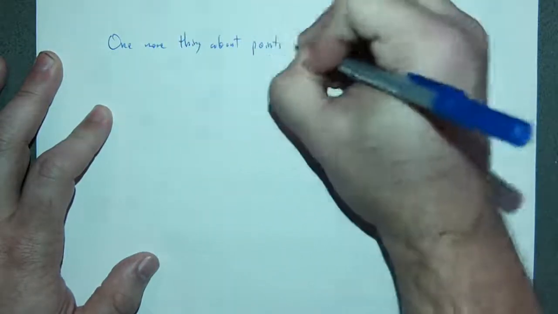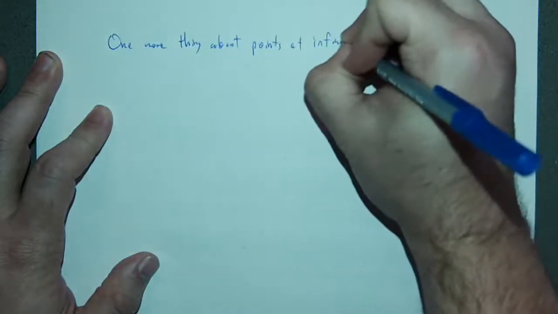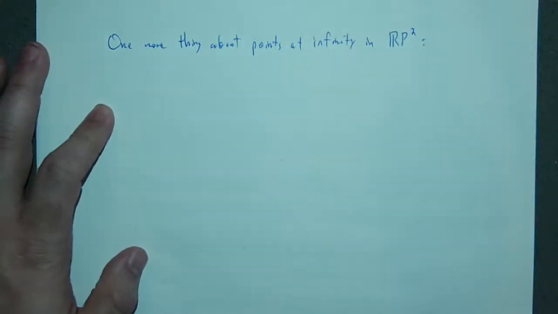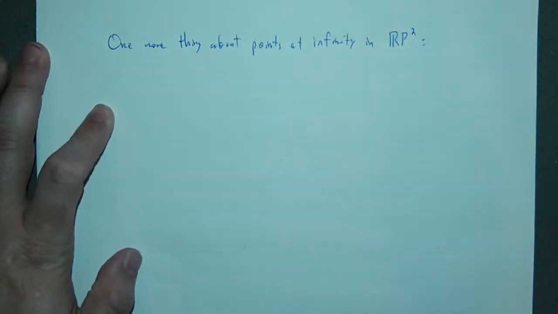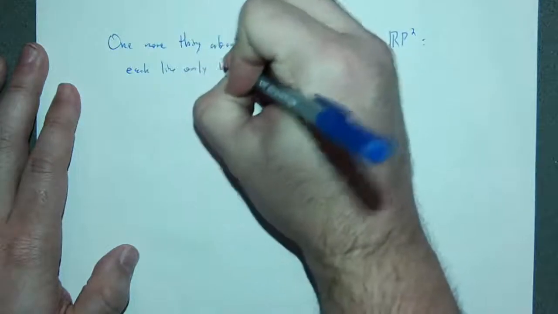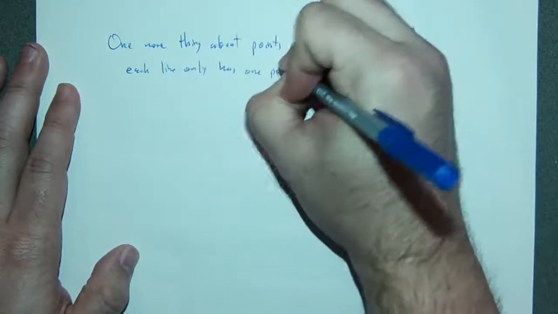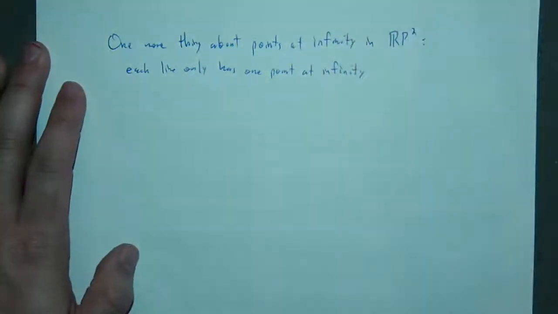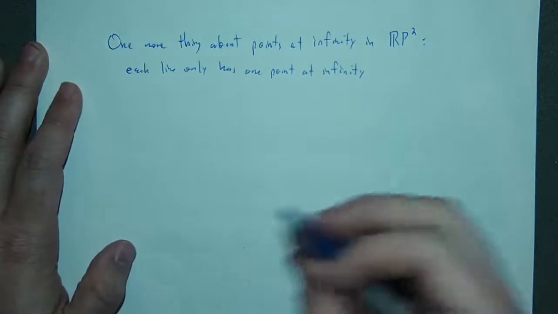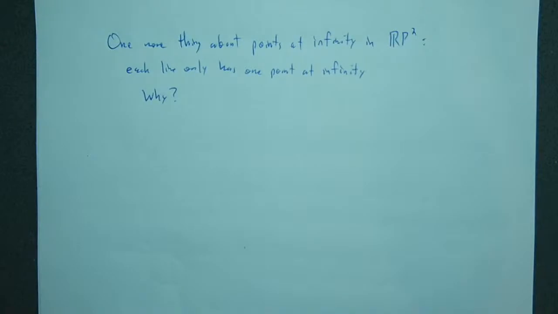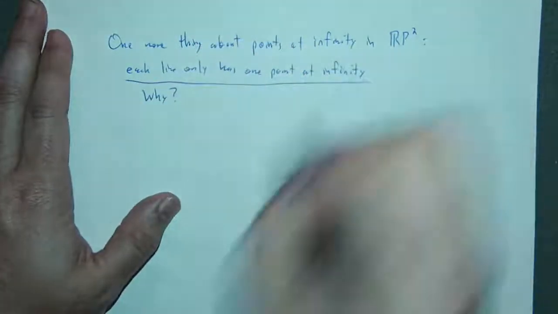Basically, each line only has one point at infinity. Okay, why? This is an important thing.